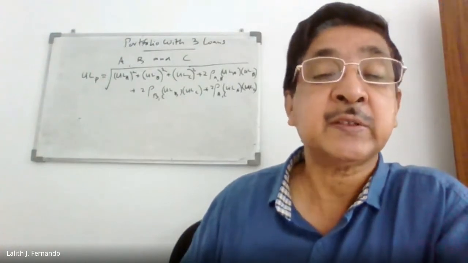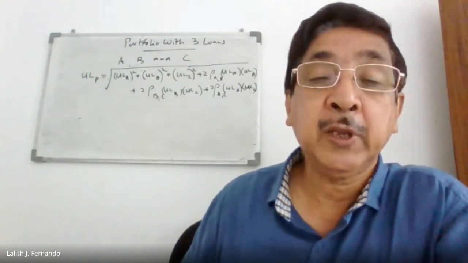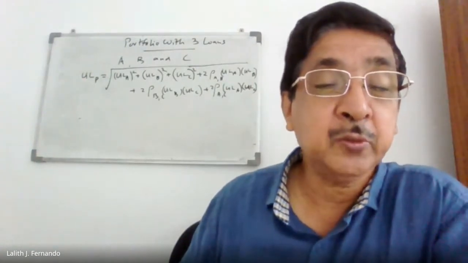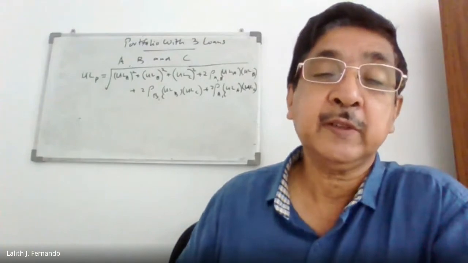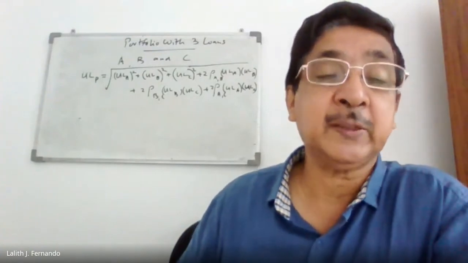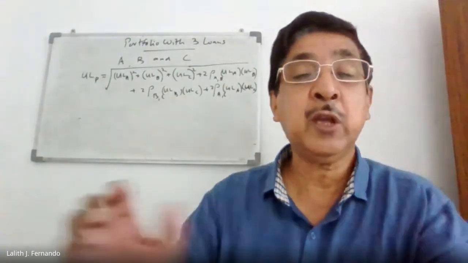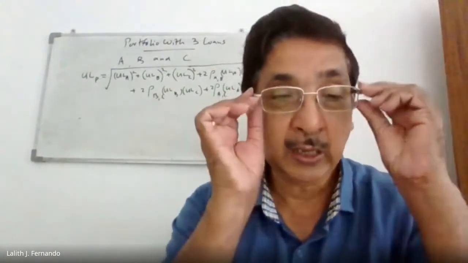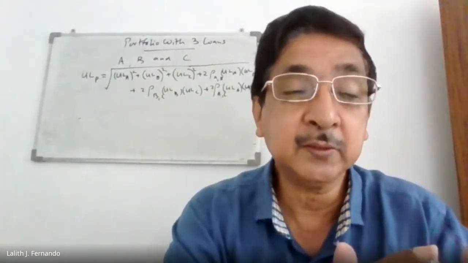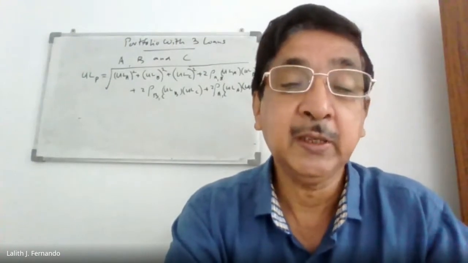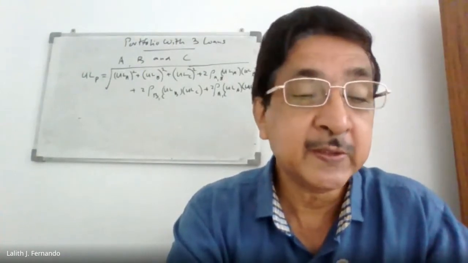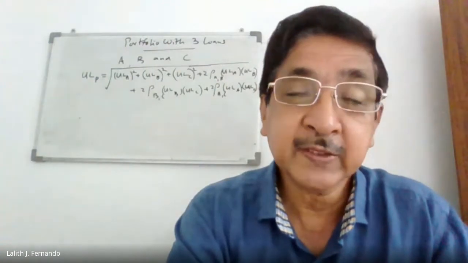The first three terms are ULA squared plus ULB squared plus ULC squared. Then you start with the correlation terms. Since you have A, B, C, how will the correlations become possible? You have a correlation with A and B.